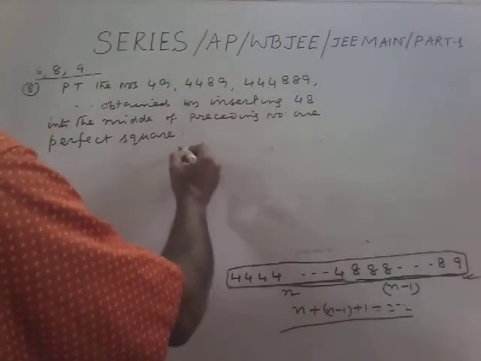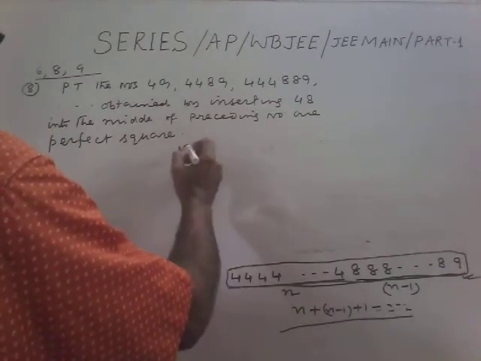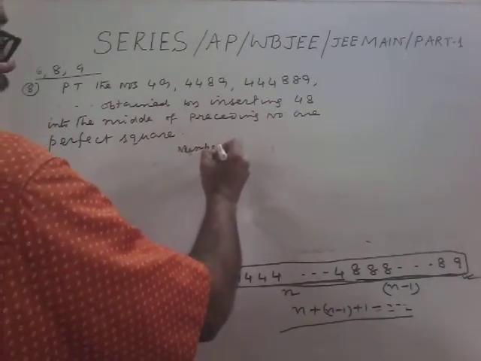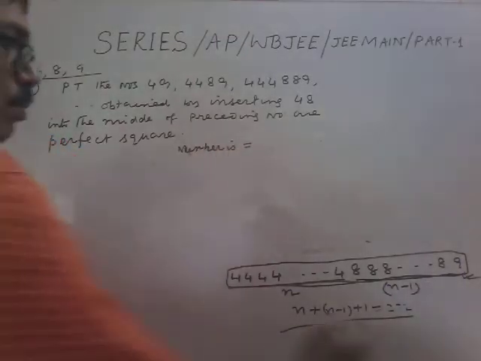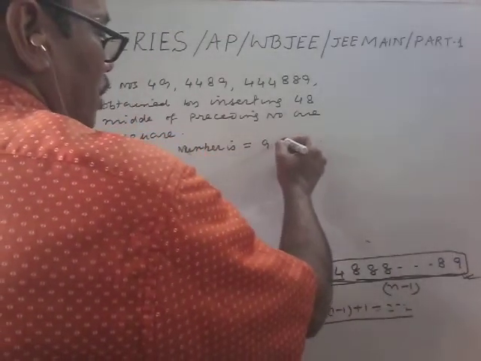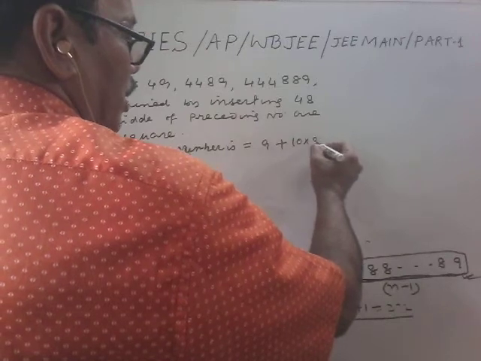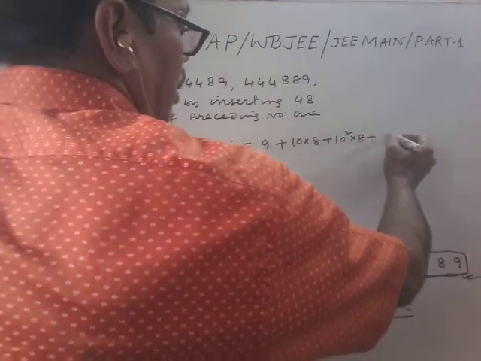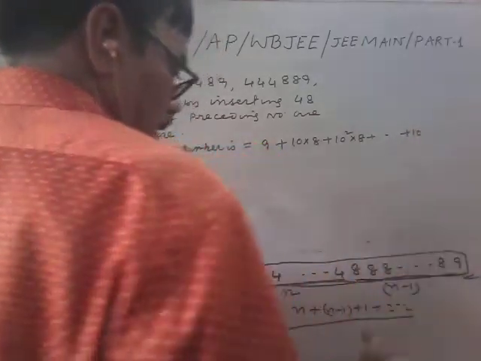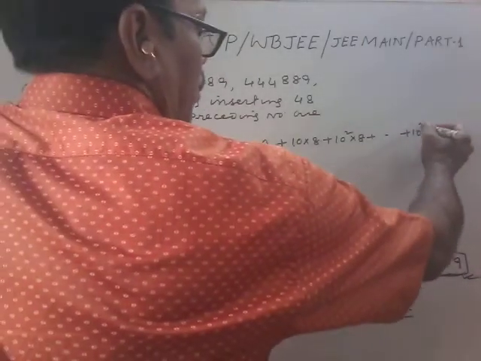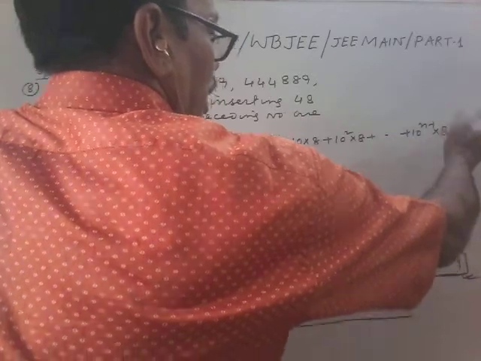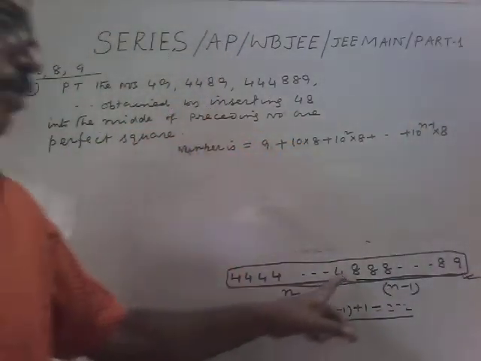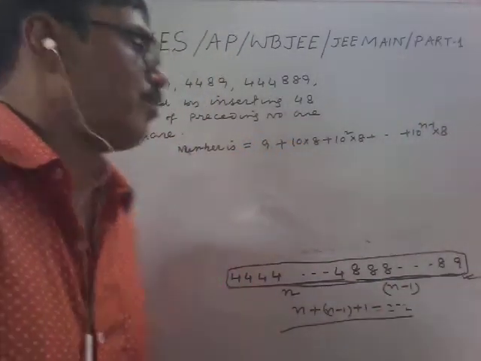So the number is 9 plus 10 into 8, plus 10 square into 8, dot dot, 10 to the power n minus 1 into 8. So n minus 1 number of terms.